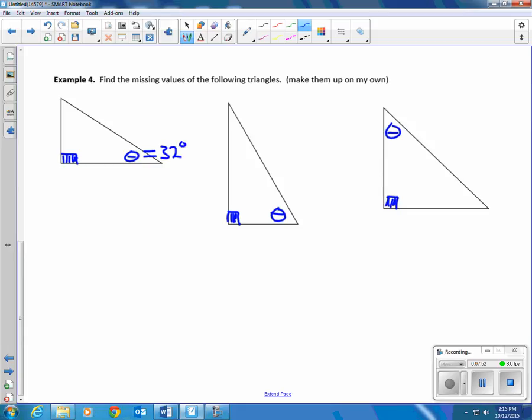Theta is 32 degrees. Theta is 64 degrees. Theta is 49 degrees.